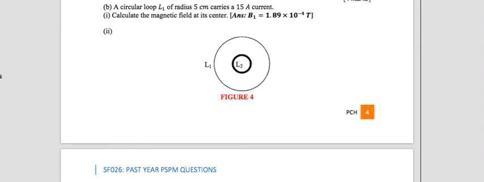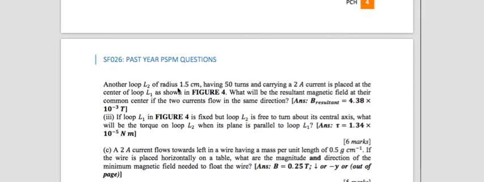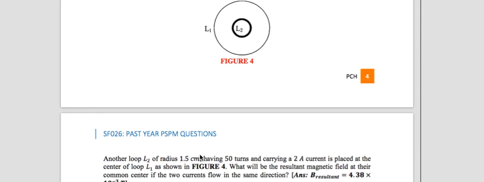And the next, number 2, another loop L2 of radius 1.5 cm. We have L2 here, with 50 turns, carrying 2 ampere.